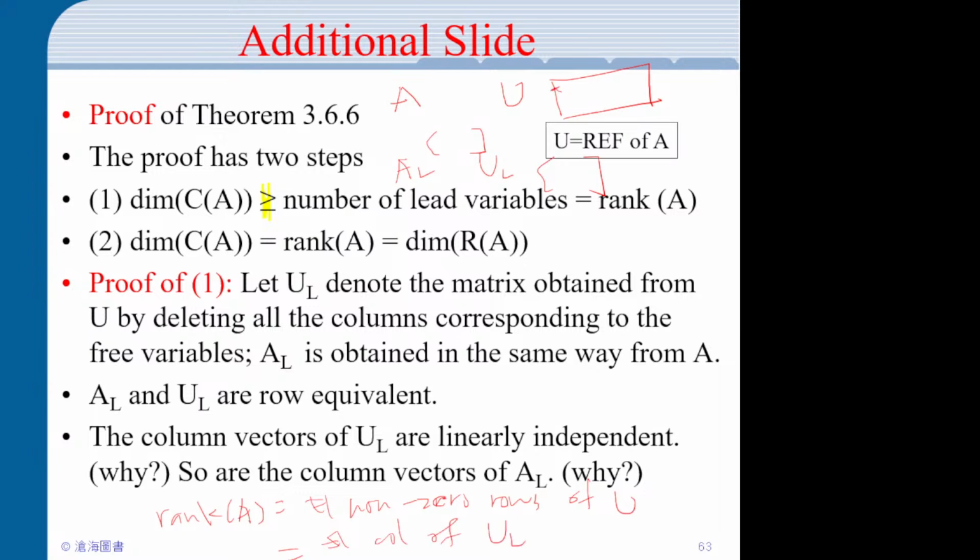So you count the lead variables here. That is equal to the number of lead variables, and equal to the number of columns in UL, and that is also equal to the number of columns of AL, and then we know the columns of AL are linearly independent.